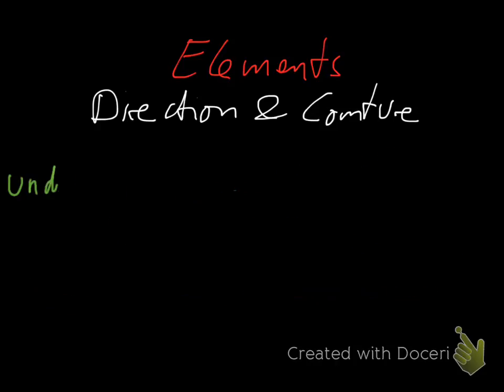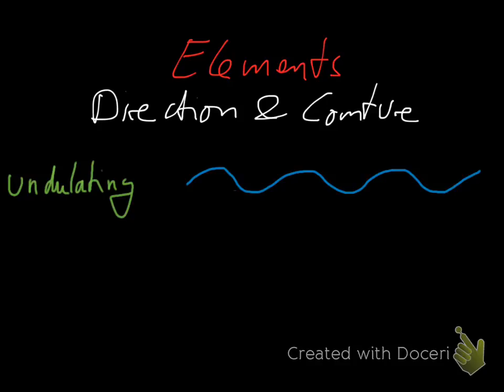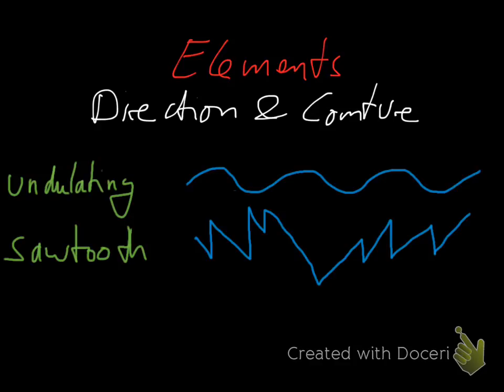Other elements could be undulating, which means it's a wave-like motion. This could also be combined with a descending or ascending or a level melody, but the undulating has this wavy form. Sawtooth is a ragged form, or direction or contour, or pointillistic, which means it leaps around a lot.